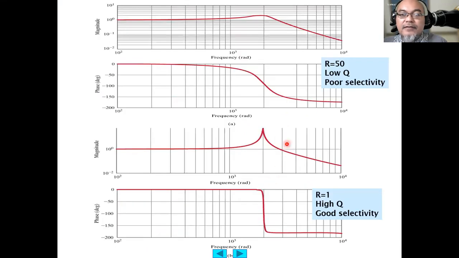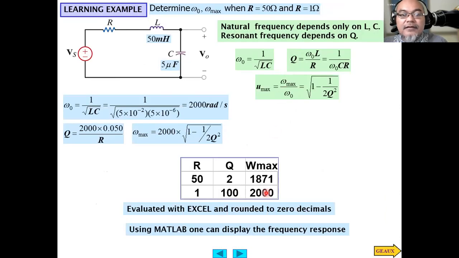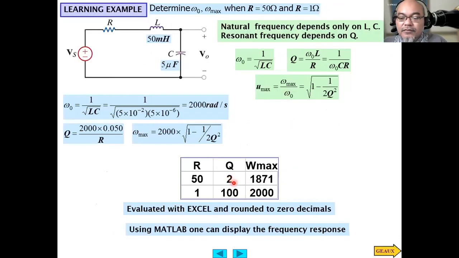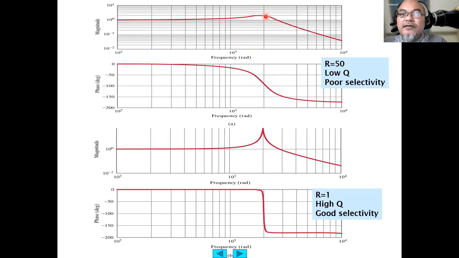Omega max is 1887. Then the quality factor is low, only 2. That is why here you don't see much high magnitude of the voltage at the capacitance.